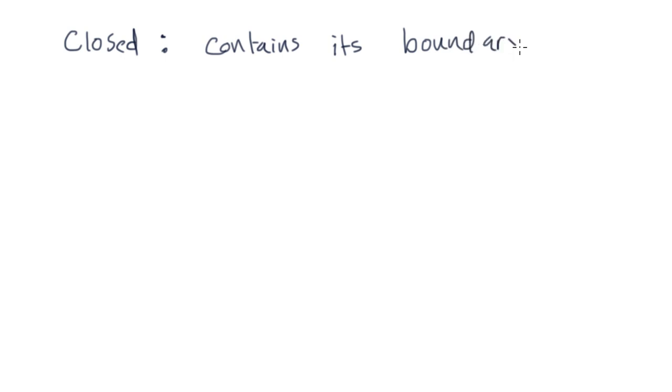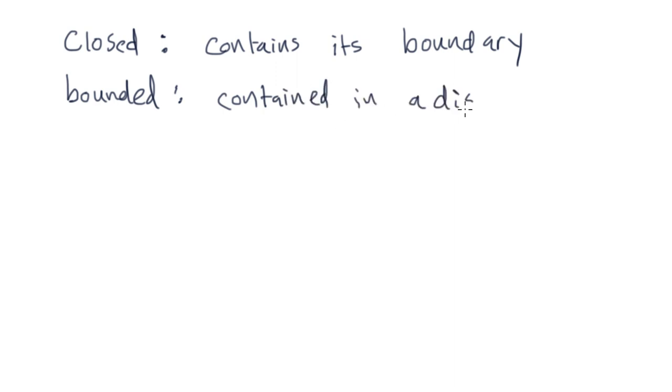You can think about a closed interval containing its endpoints, its boundary points. And bounded simply means contained in a disk of finite radius. So somehow part of the region is not going off to infinity in some direction.